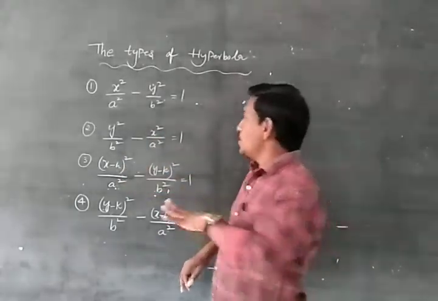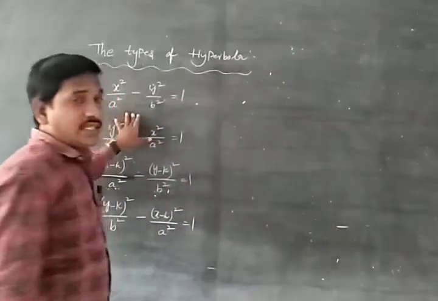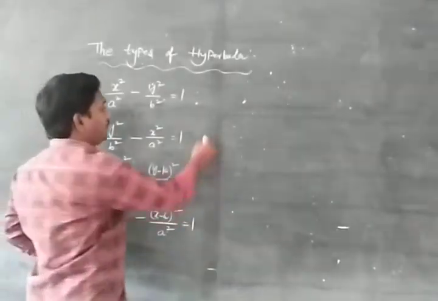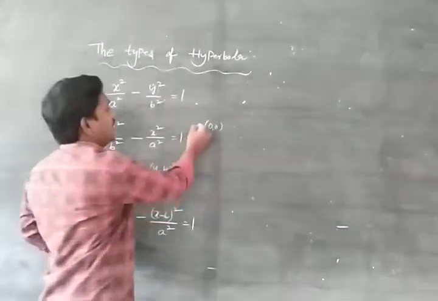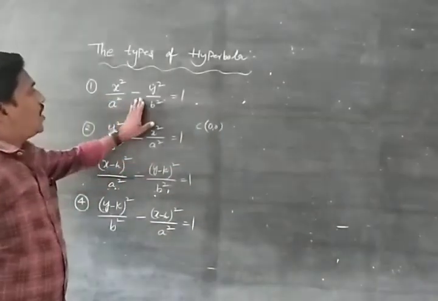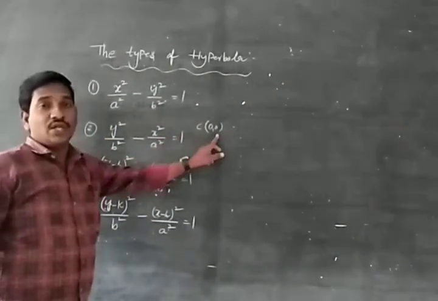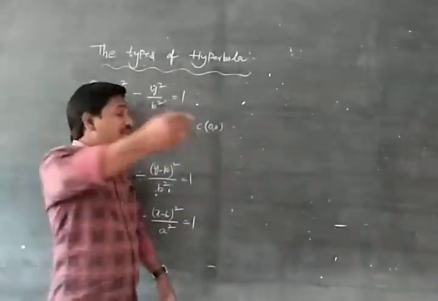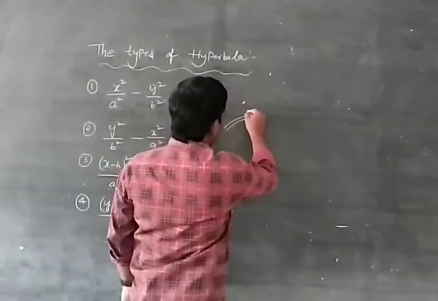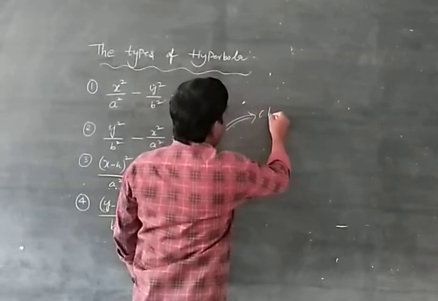The center of the standard form of the hyperbola is C 0, 0.